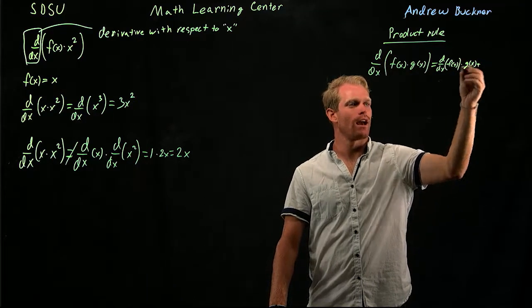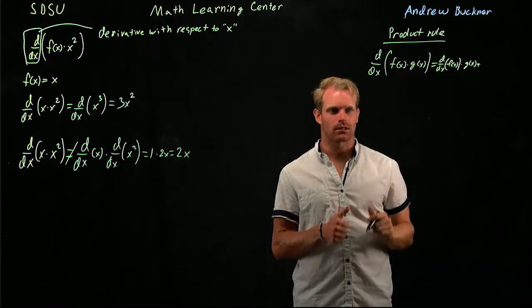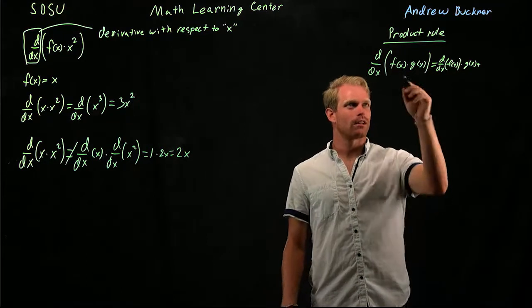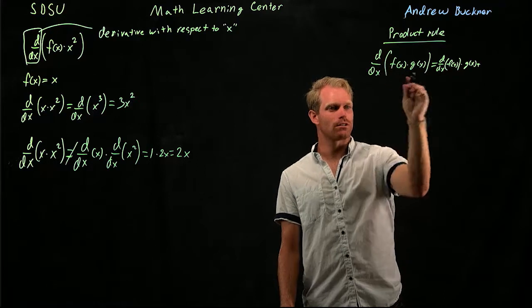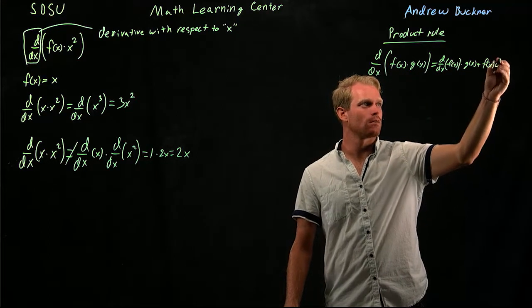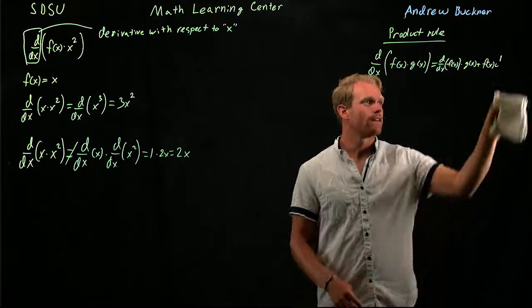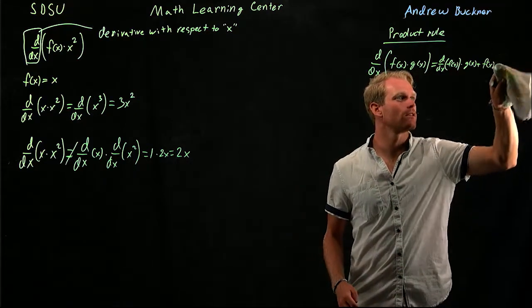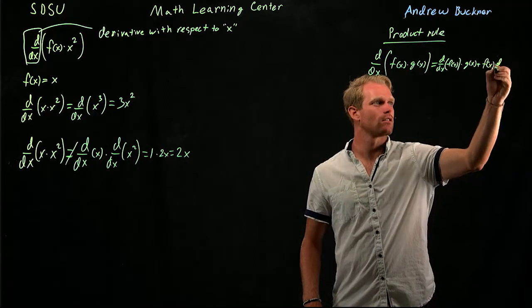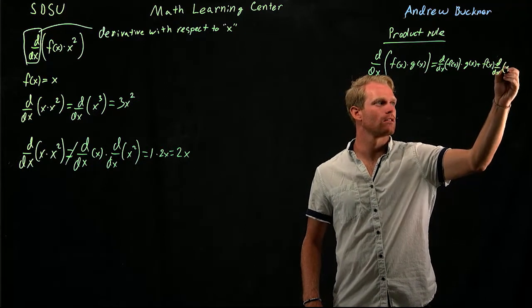Then I'm going to be adding it, and that helps us out because we all like being positive, right? And so now I'm going to take the original first function here and keep that the same, but then I'm going to take the derivative of the second function with respect to x.